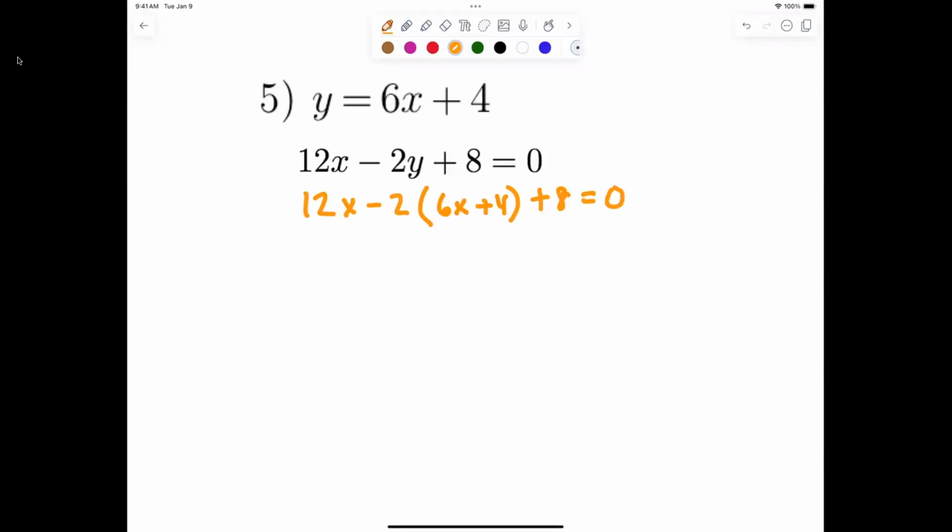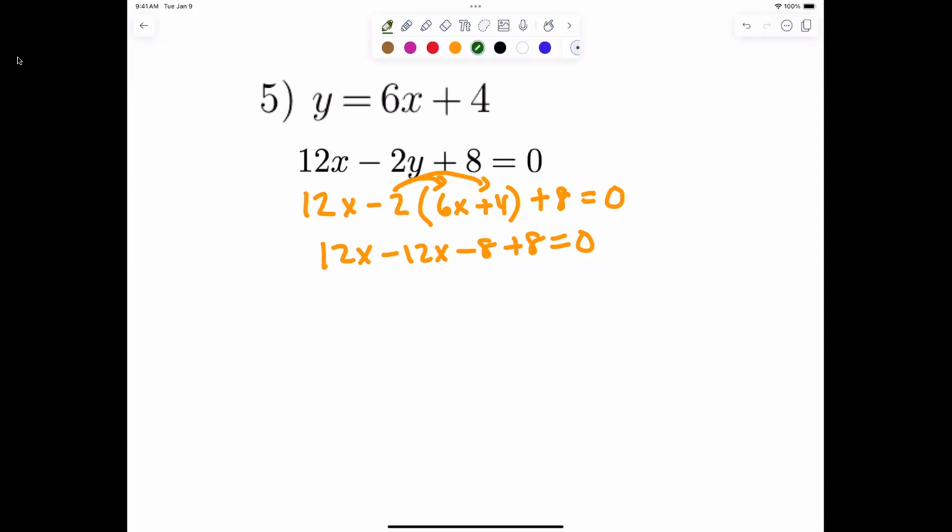Anybody have any issues with that? Now I need to distribute the -2. Anybody have any issues with that?